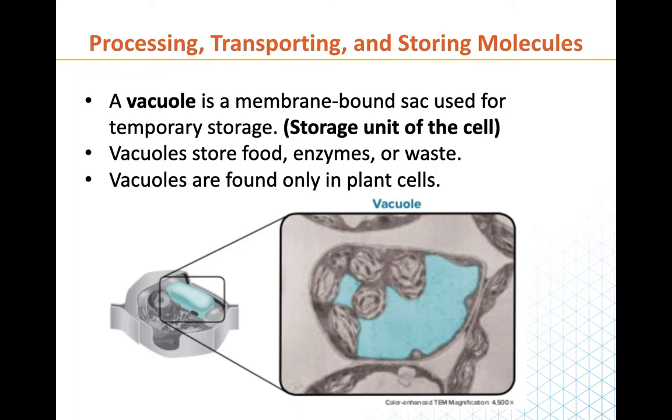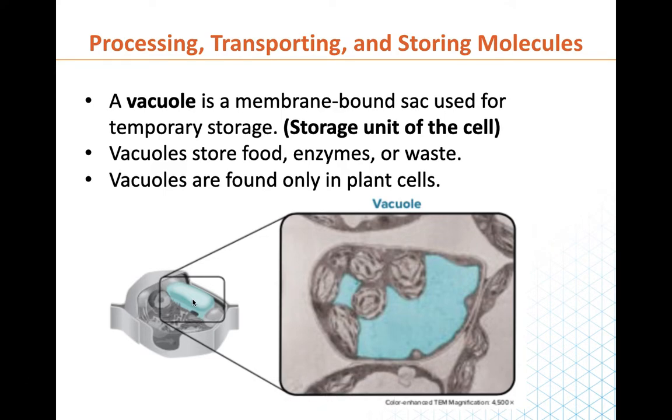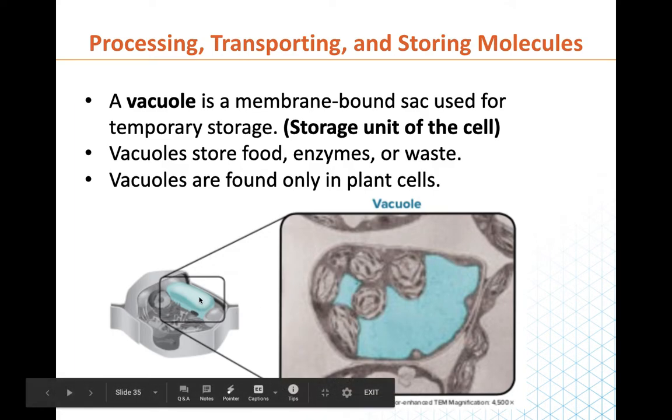All right, the next thing we need to talk about is the vacuole. Now the vacuole can be similar to the vesicle. It is also formed from a layer of membrane. However, a vacuole's job is not transportation, it's storage. So if you look inside of a plant cell, plants have a huge central vacuole, and this is a permanent structure inside of their cell.